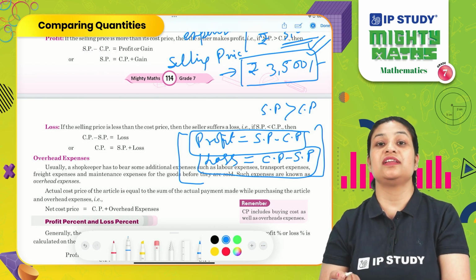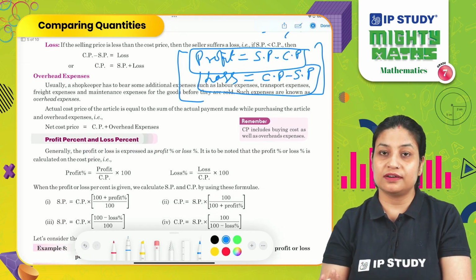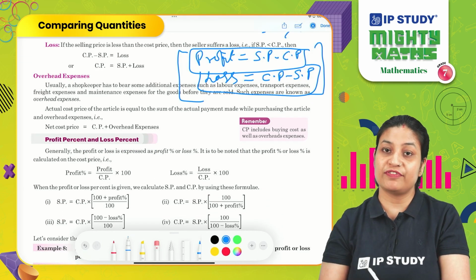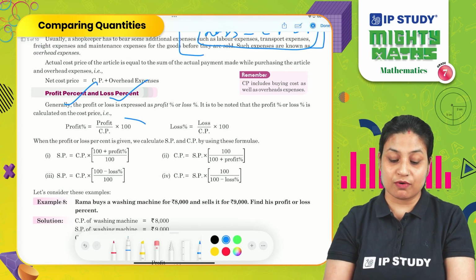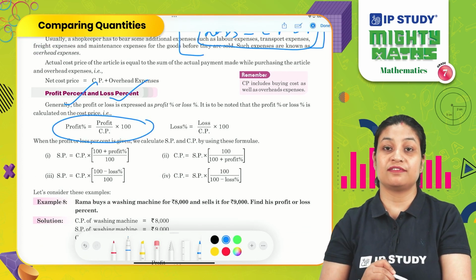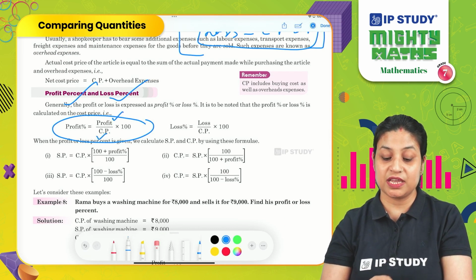Now as we are dealing with percentages in this chapter, it is important for us to learn how to express profit or loss in terms of percentage, right? So in order to find out profit percentage, the formula is whatever profit you get divided by CP into 100.